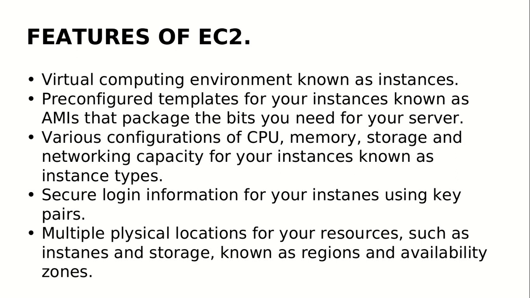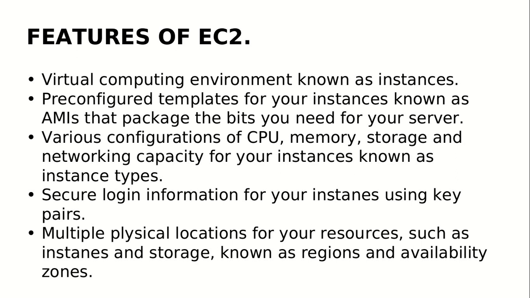It also provides you secure login information for your instances using key pairs. So to protect your instances, you have an option to choose key pairs that allow you to secure your login information, and you have multiple physical locations for your resources such as instances and storage, known as regions and availability zones. I have already covered regions and availability zones in my earlier video.